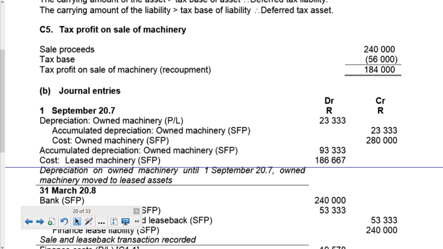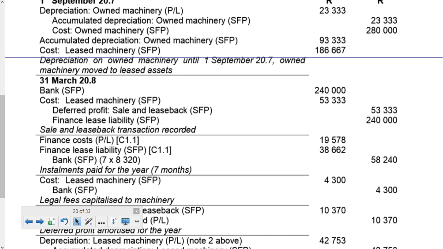Then once it's transferred, we then enter into the sale and lease back, and the entry is bank and lease liability. And then I would do those 2 entries separate. Bank and lease liability, the 240, and then increase the value of the asset with the amount to get it up to 240 with the deferred income.